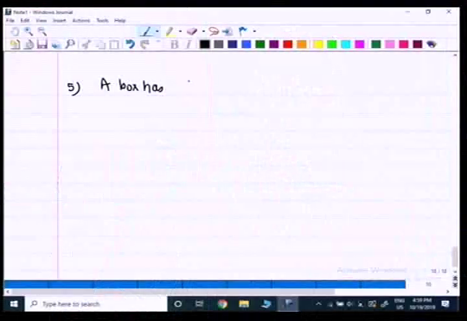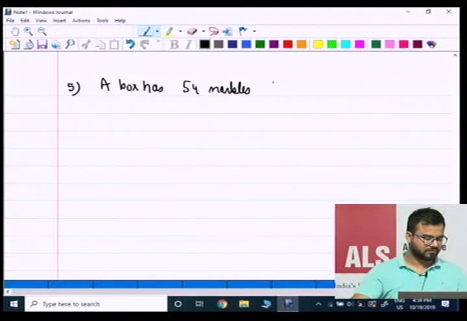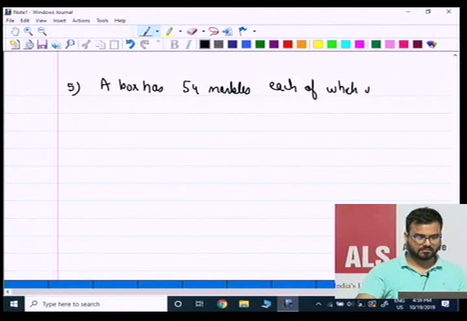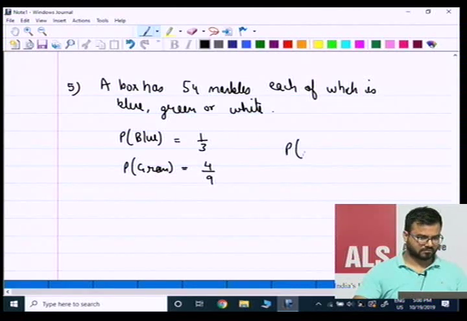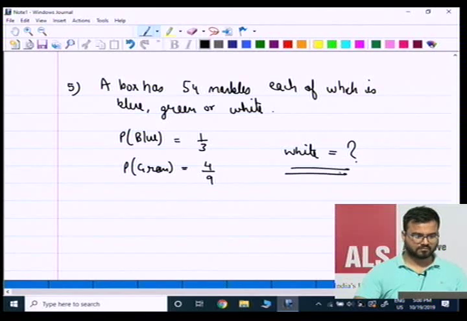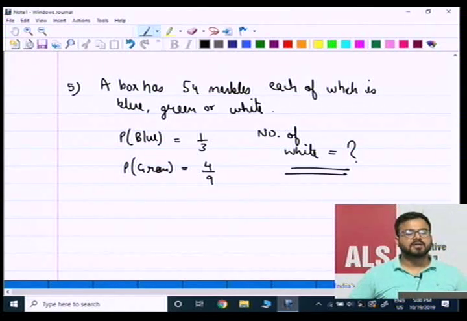Now try this next question, a very good question. The question says a box has 54 marbles, each of which is either blue, green or white. 3 types of marbles are there.